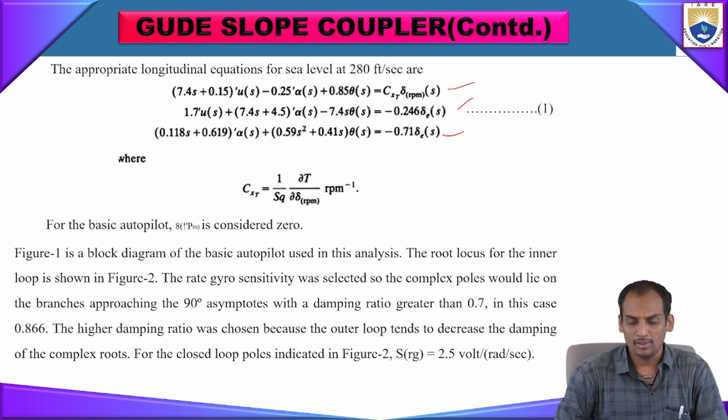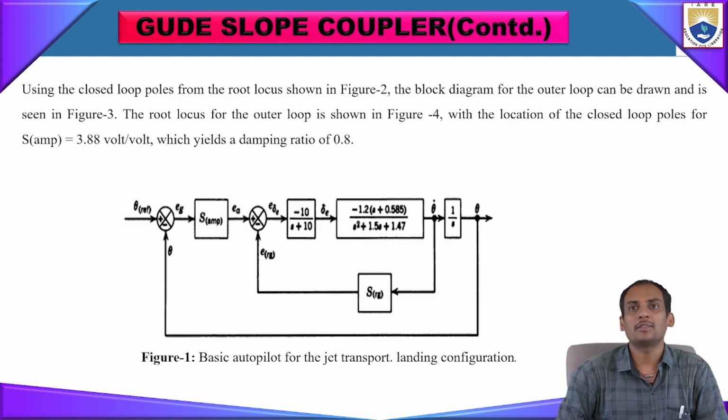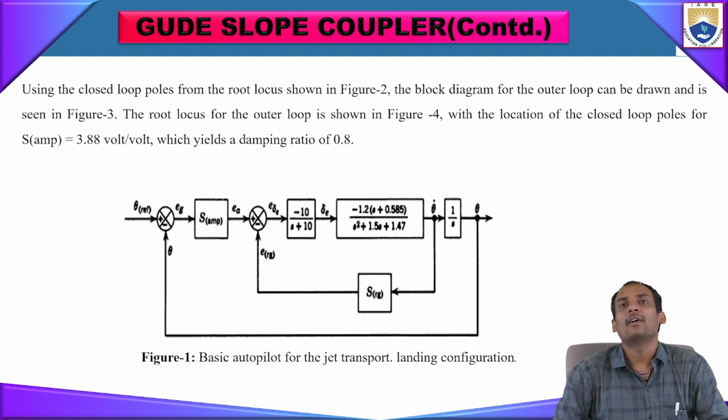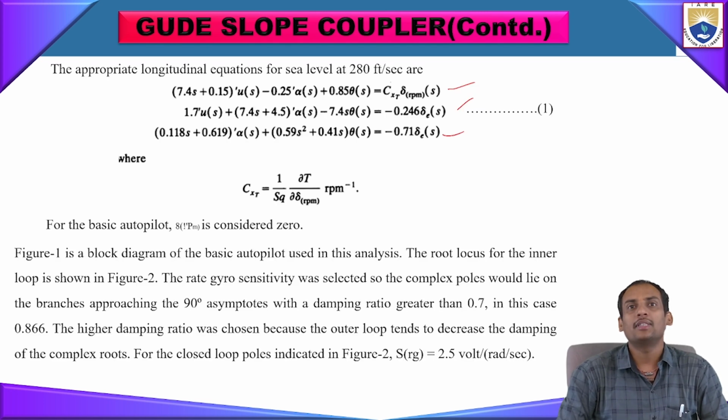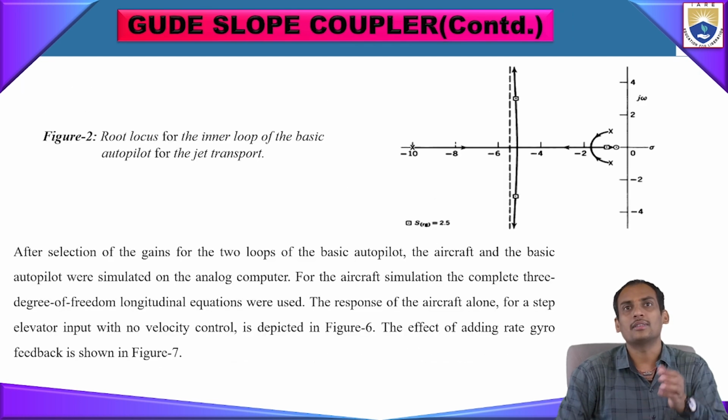Here you see a block diagram of the jet transport landing autopilot system. This shows the basic autopilot analysis, and the root locus for this inner loop is shown in the next figure.